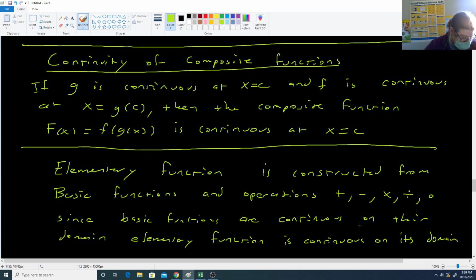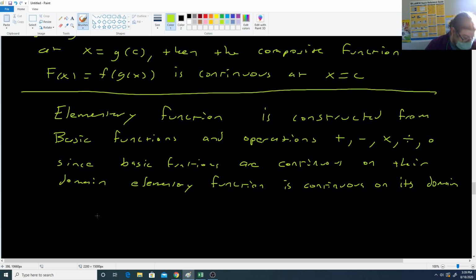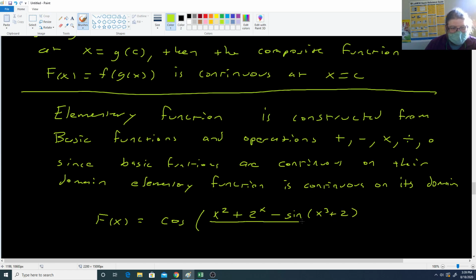So for example, if we said f of x equals, like, let's say cosine of x squared plus 2 to the x minus sine of x cubed plus 2, all that divided by, I don't know, x minus 8.